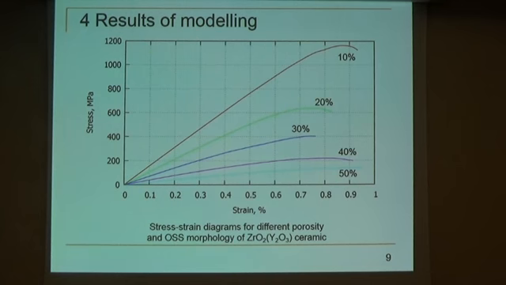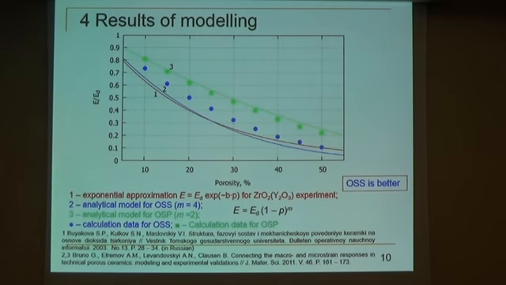To summarize the influence of pore structure on the average behavior, first of all, we study the influence of porosity and pore morphology on elastic properties. Here are plots of the dependence of Young modulus on porosity.